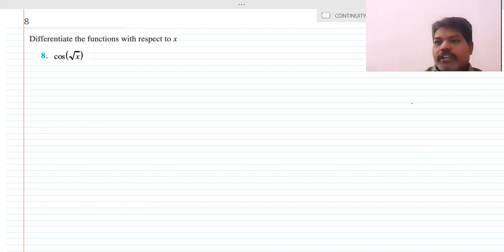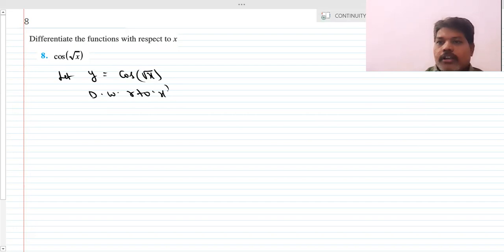First, the given problem, let y is equal to cos of root x. Differentiate with respect to x. What happens? dy by dx is equal to the derivative of cos of root x.